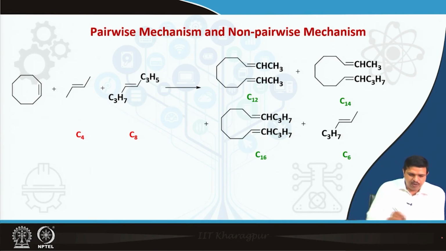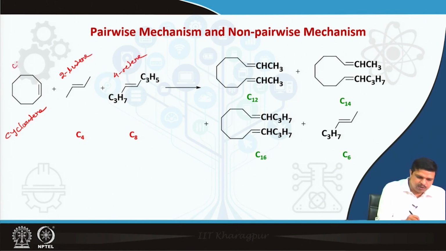Here you will see this is a cyclooctene, and this is 2-butene, and this is 4-octene.